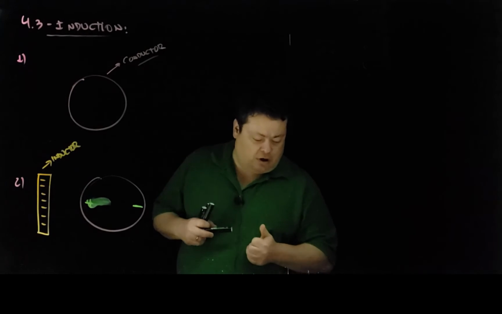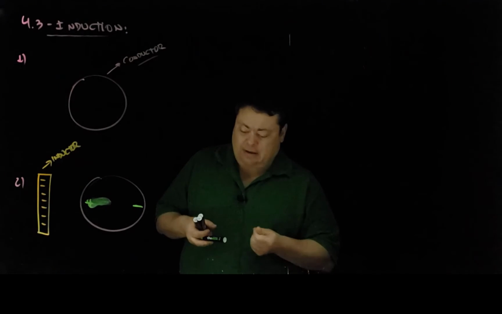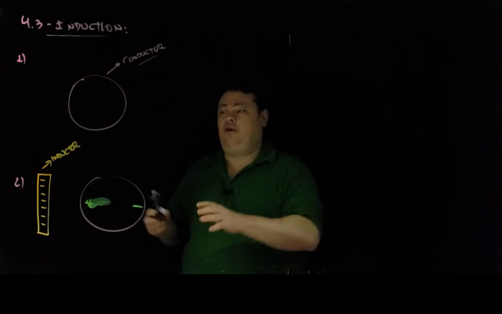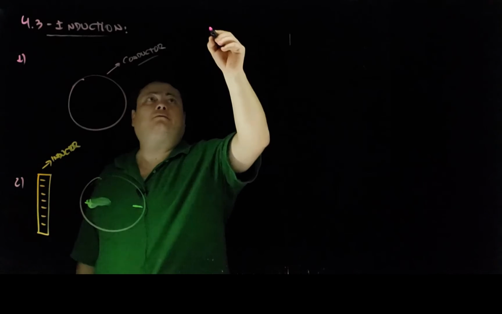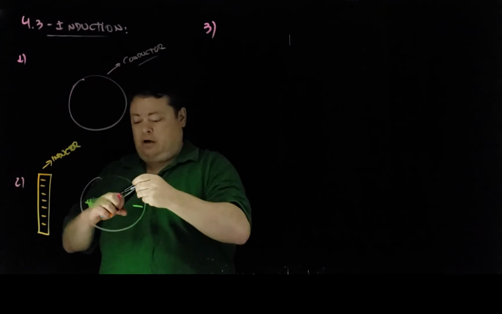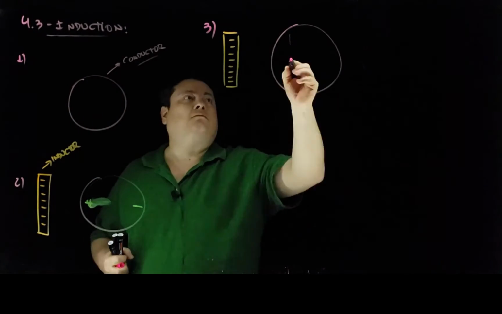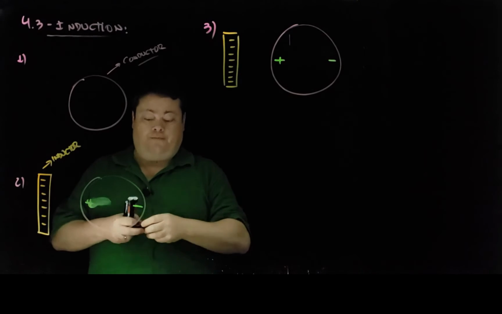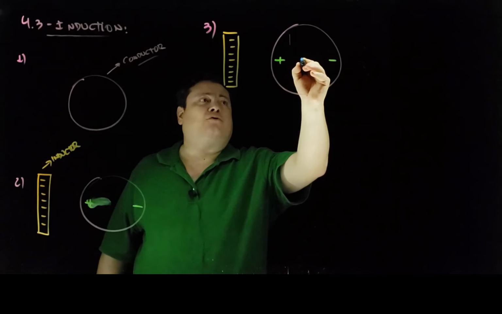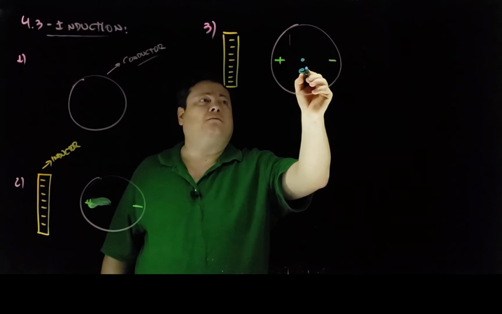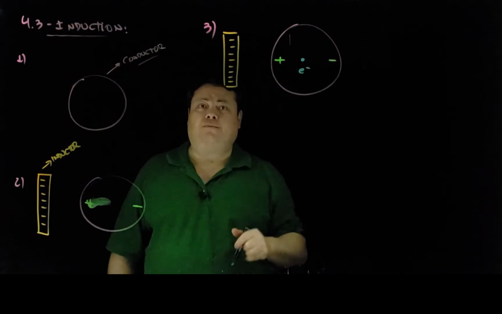Now, I'm going to draw what I'm going to call my step number 3 up here and keep building this process. So on step number 3, I'm in this situation here. Now, let's say that I have another electron at some point in here, an electron of the material.